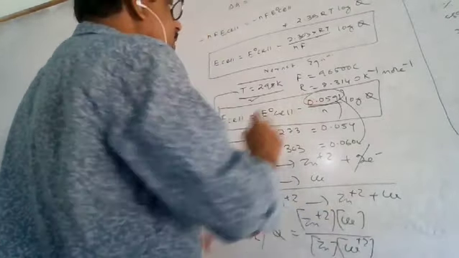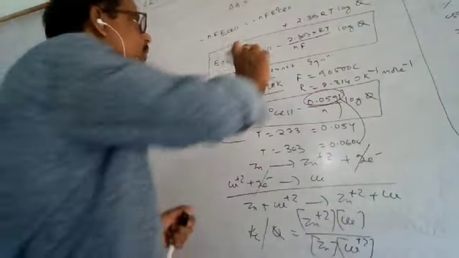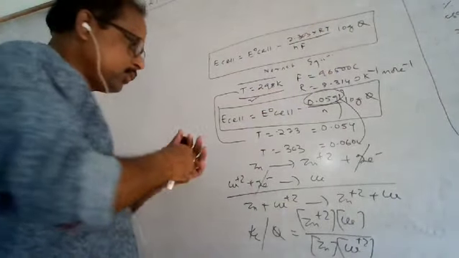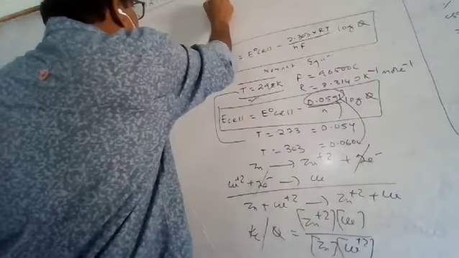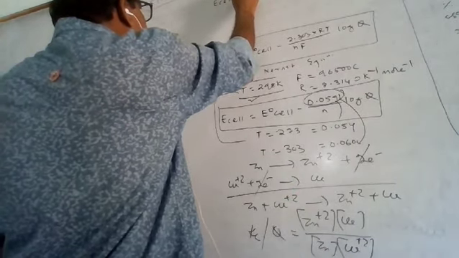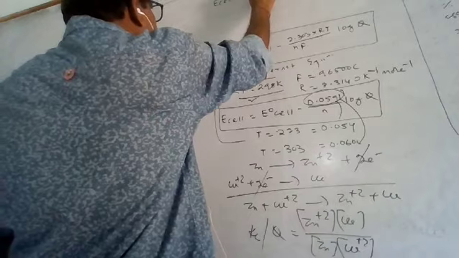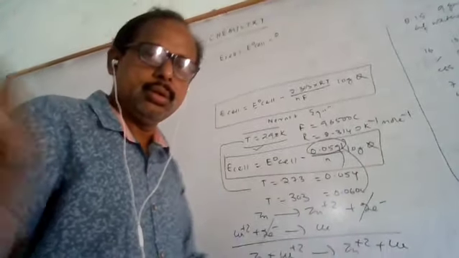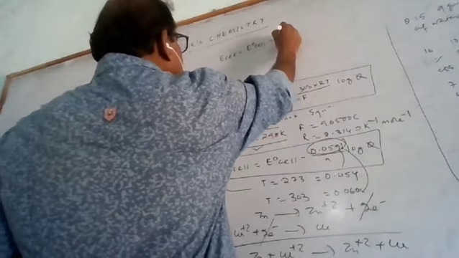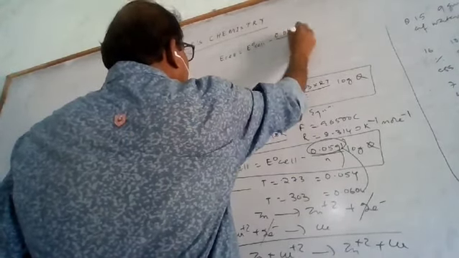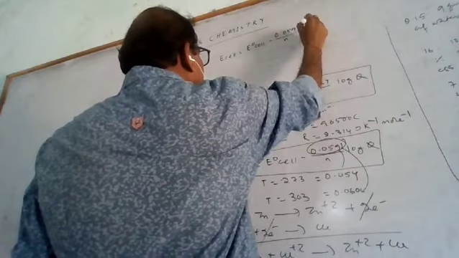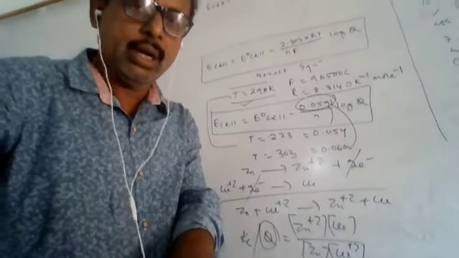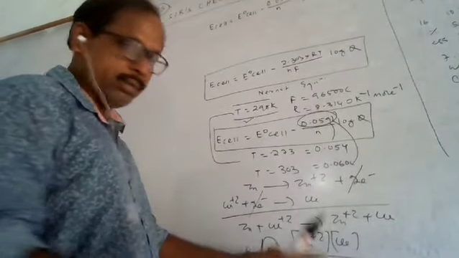So this value we can put here. E cell is equal to E naught cell minus 0.059 by n log, and in place of Q we can use this value.